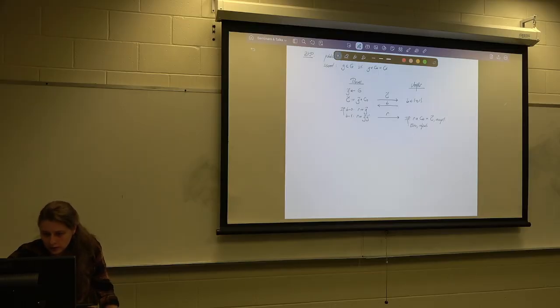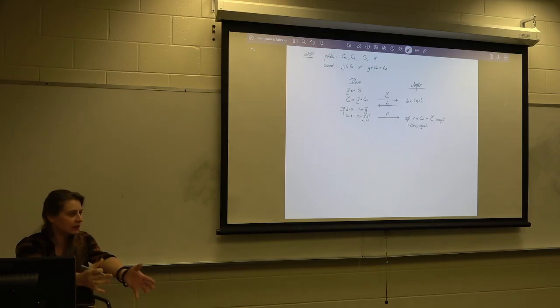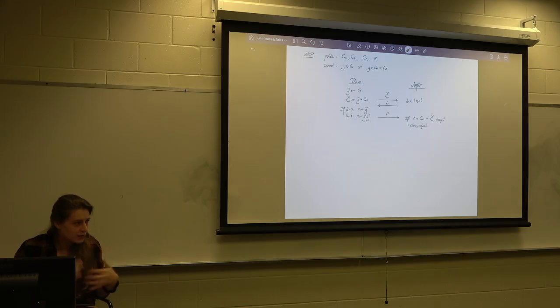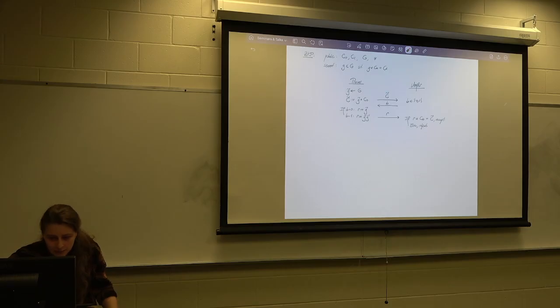Another thing I want you to note: usually this object isn't sent completely in the clear. Usually you commit to this object using a hash function or something else to make this smaller and make communication between the two parties efficient. But I won't go into that. I'll just keep that in mind for all future protocols.